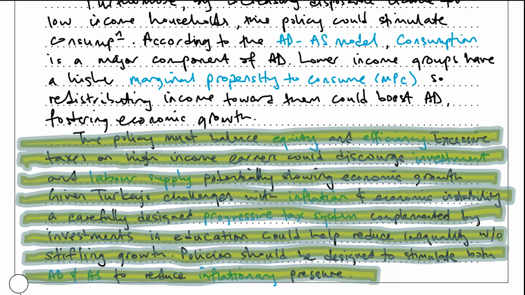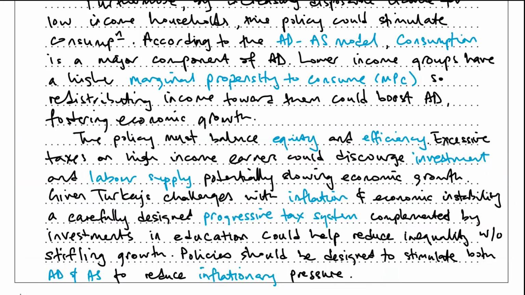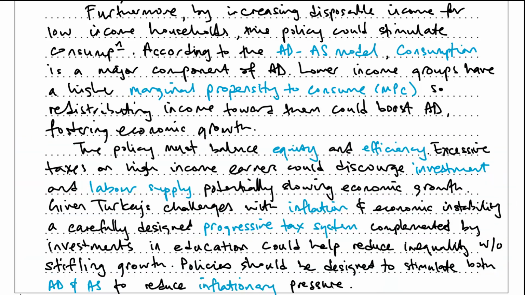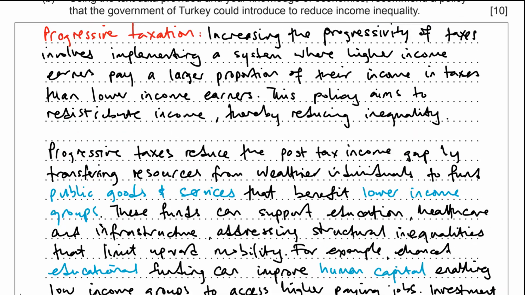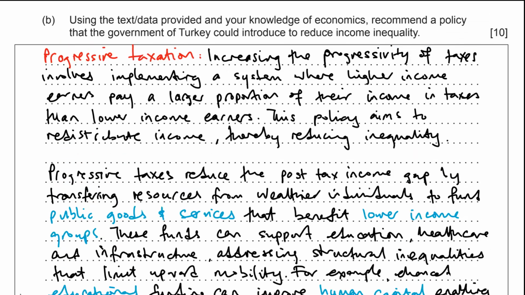Okay, so 10 marks for this question. The main takeaway from this is really to work in as much of your knowledge of economics as possible into your solution. I find that the ones that score well are the ones that bring in as much economic theory as possible.